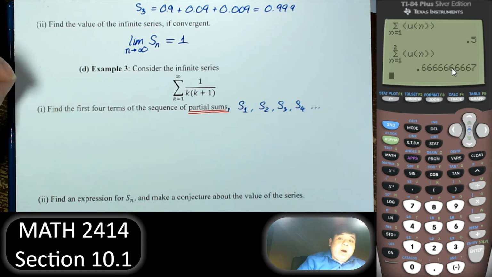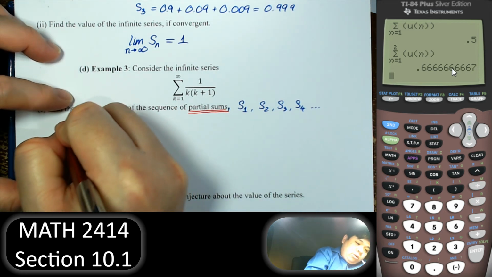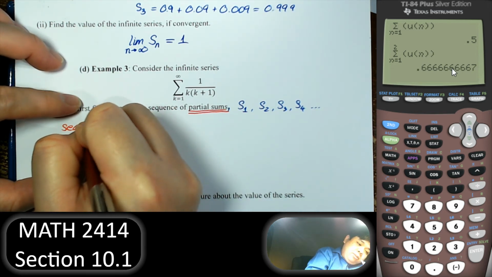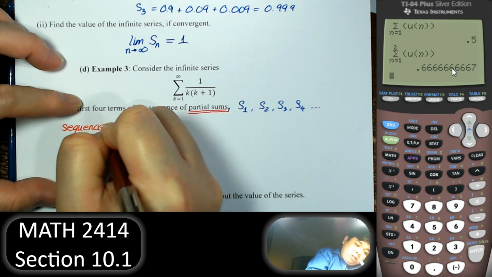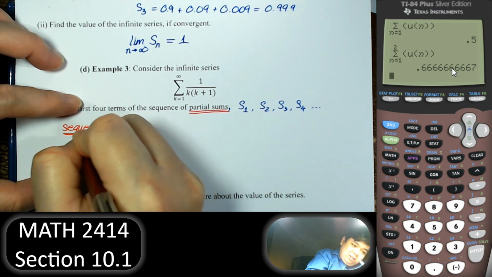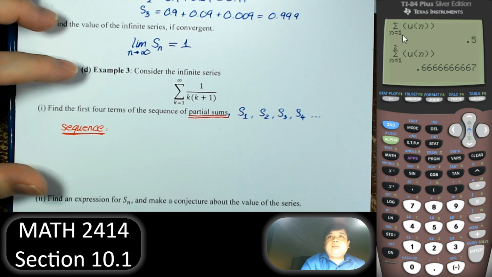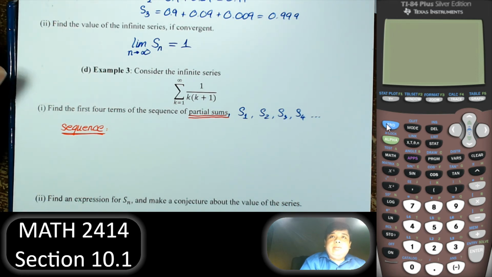Let's just write the sequence first. So this is the sequence, not the series, sequence. So the sequence of the first 4 terms, 1, 2, 3, and 4.